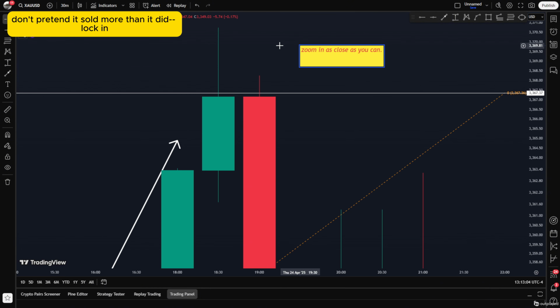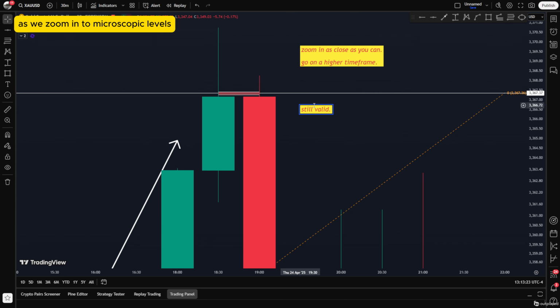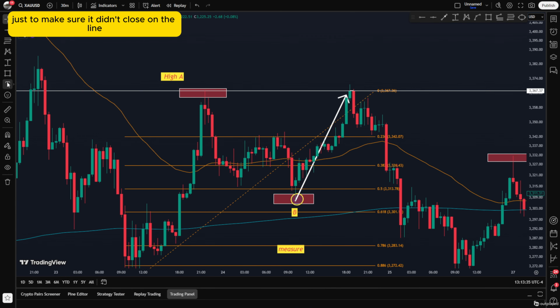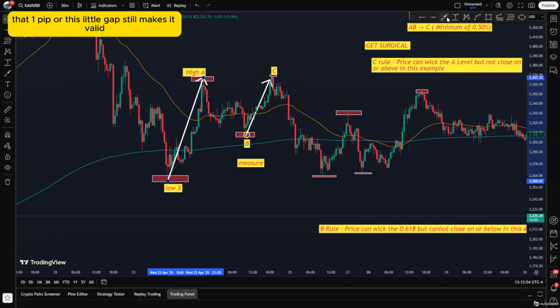Don't pretend it sold more than it did. Lock in. As we zoom in to microscopic levels to the body of the candle, just to make sure it didn't close on the line, that one pip or this little gap still makes it valid.